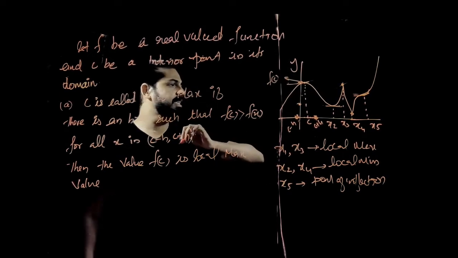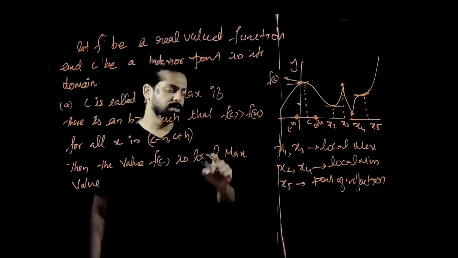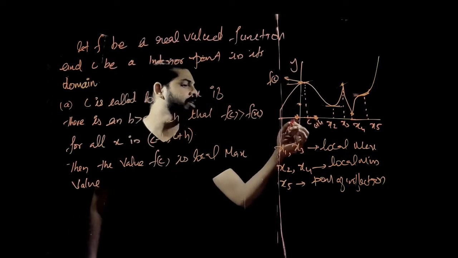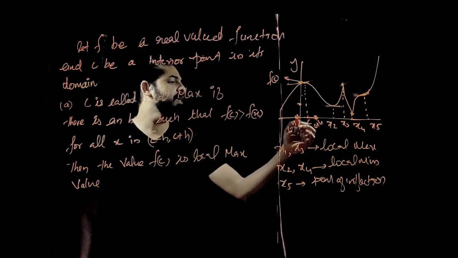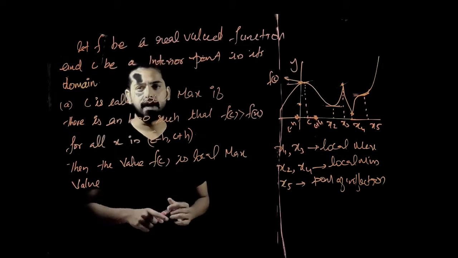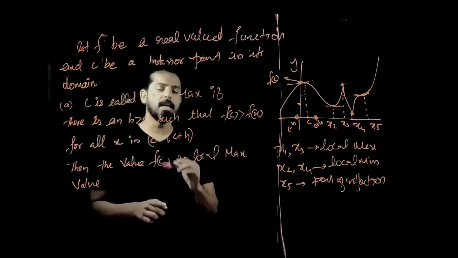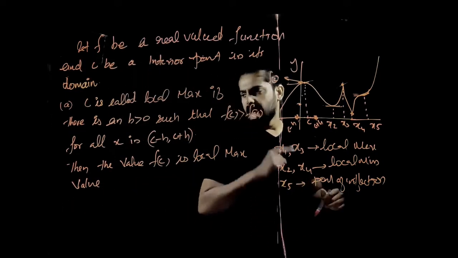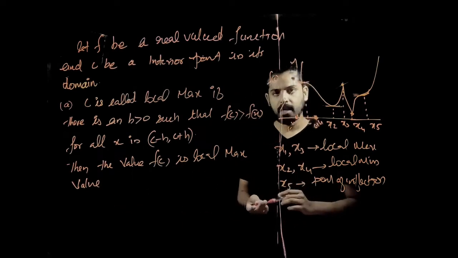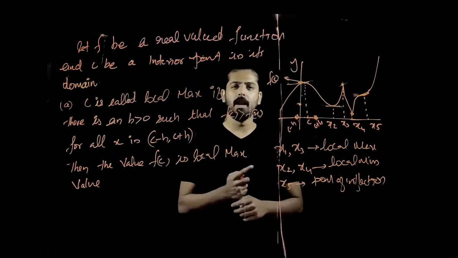This f of c is greater than all values in the interval c minus h to c plus h. In this width f of c is greater. So we can say c is the point of local maxima and f of c is the local maximum value. Right. So this is the definition for local maxima.